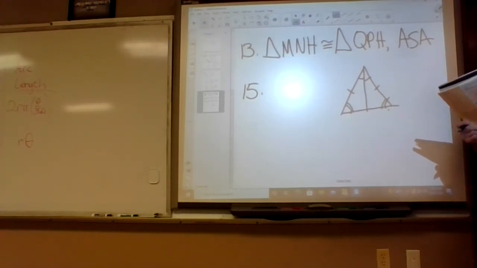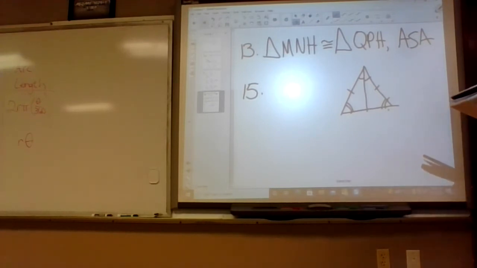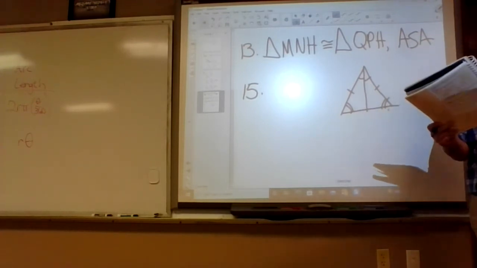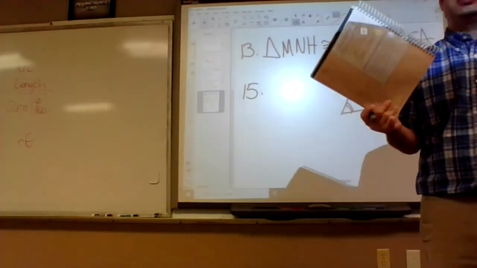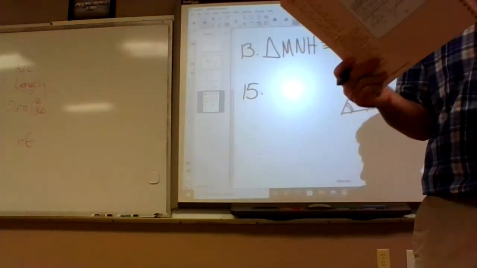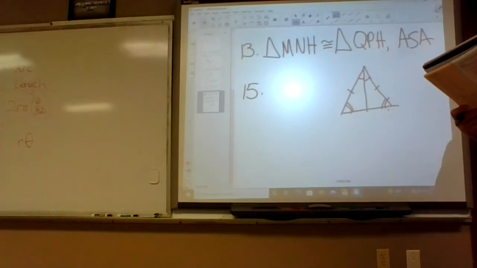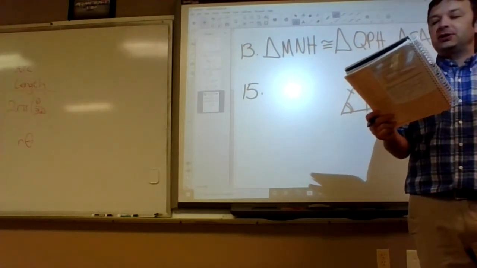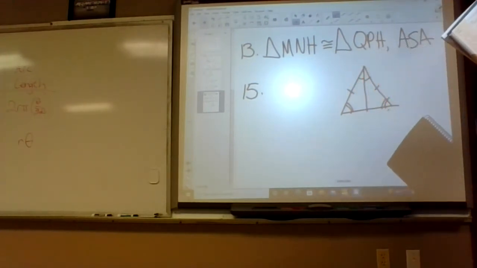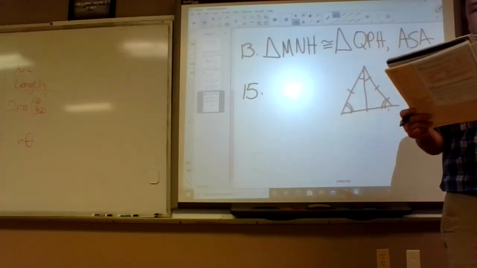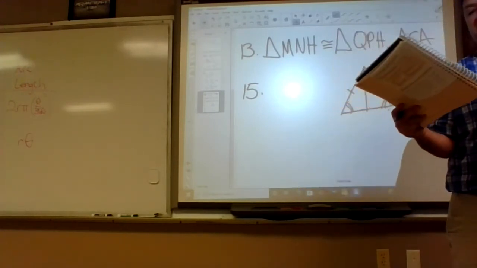Okay, so they're using CPCT for line 6, which means corresponding parts of congruent triangles are congruent. And remember what we're trying to get to was say that PSQ and RSQ are right angles. So what do you think they're going to say next?